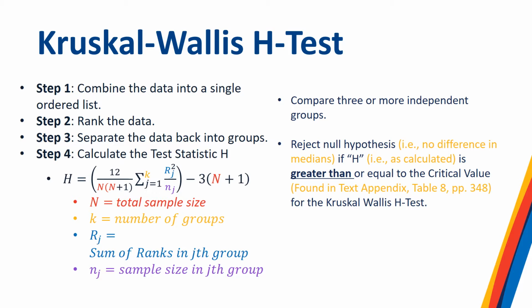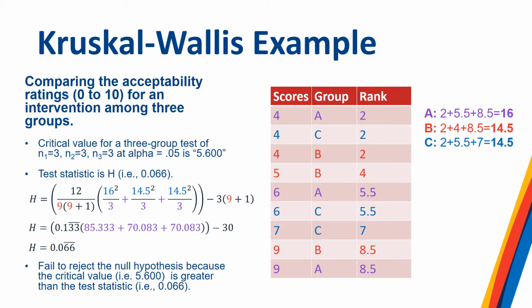And so an example of this is on slide 13, where we compare, say, the acceptability ratings ranging from 0 to 10 for an intervention among 3 groups. Each group, for the sake of simplicity, is of equal sample size, n1 equals 3, n2 equals 3, and n3 equals 3, and you were doing it at alpha 0.05.